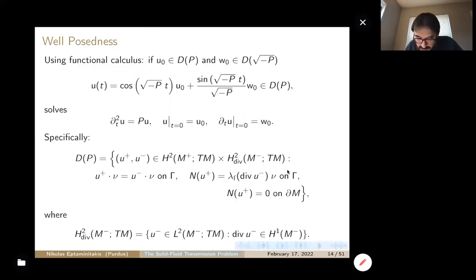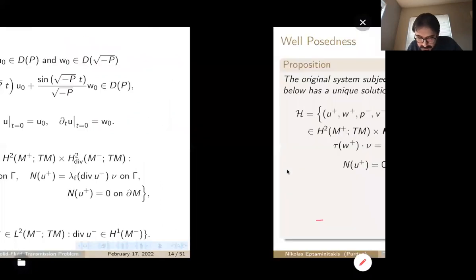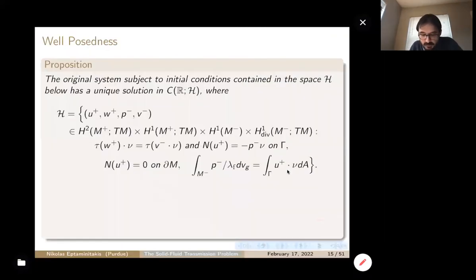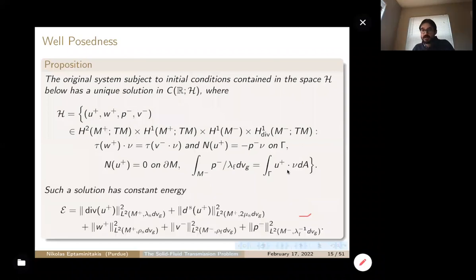Okay, so this tells us what the space is in which we actually have well-posedness, which brings us to our first result: translating back to the original system, we have a space in which we actually have nice solutions. And in fact, we also have constant energy.